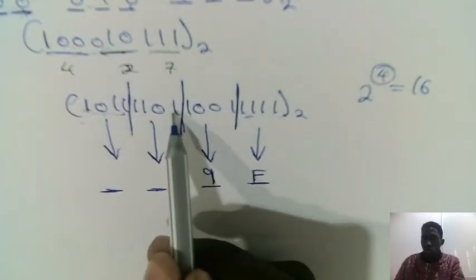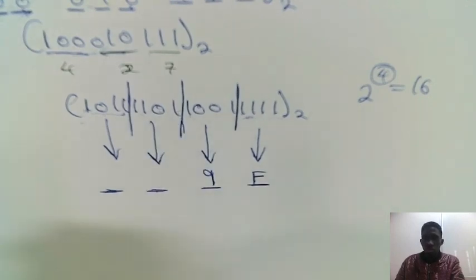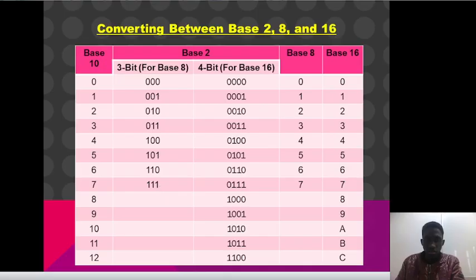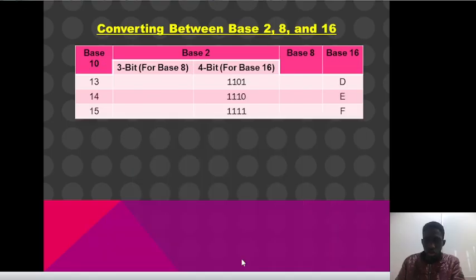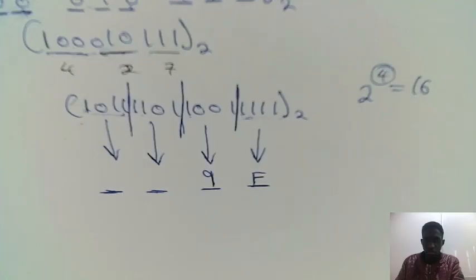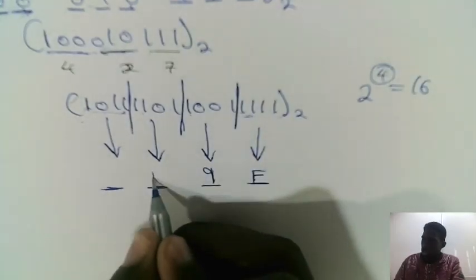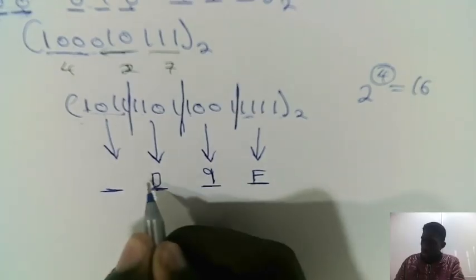For 1101, we've got to check that table. 1101 corresponds to D in base 16. So D in base 16.